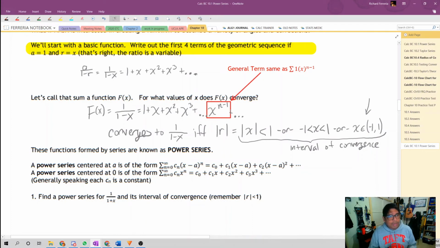Also important here is we just made a function which is a series, an infinite series really.